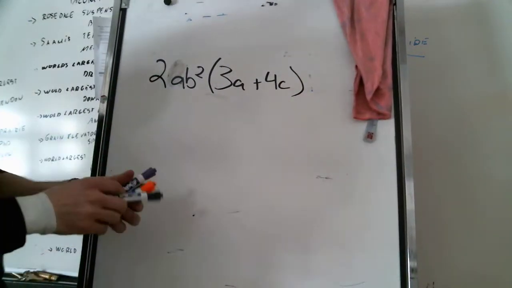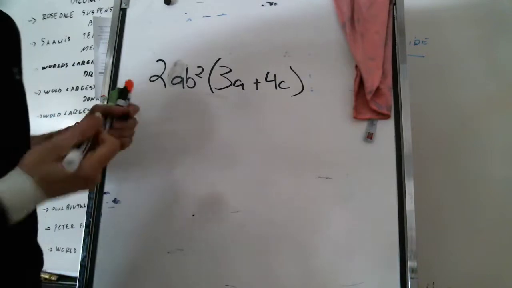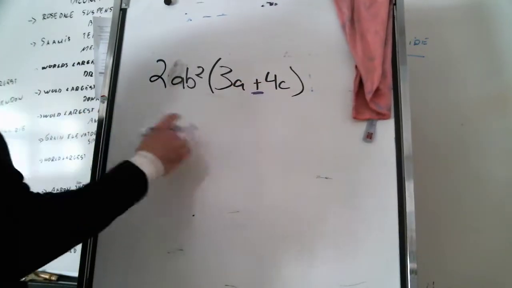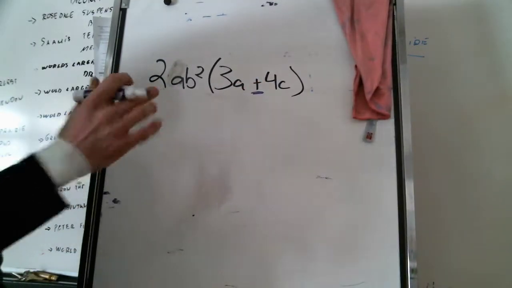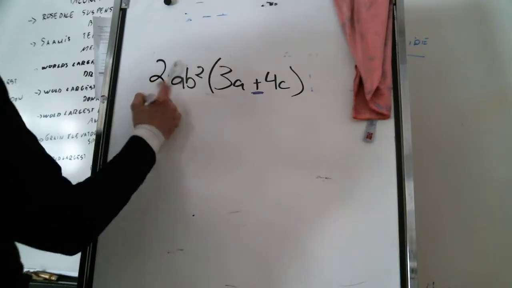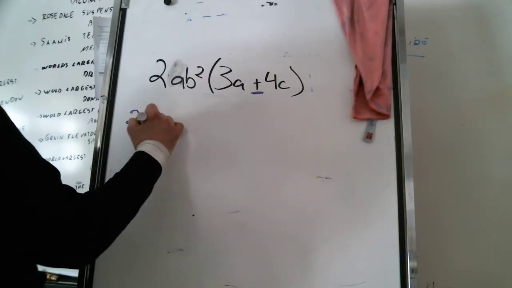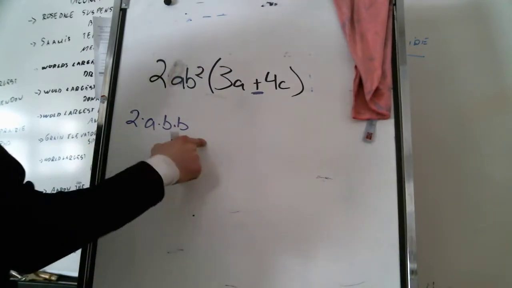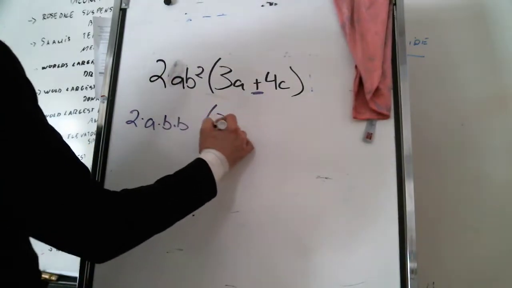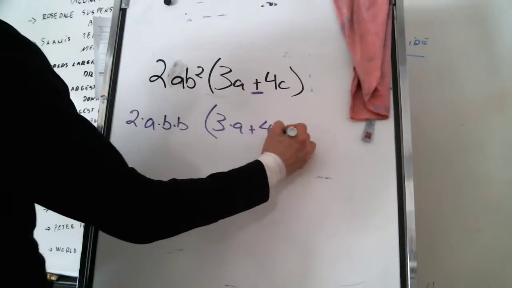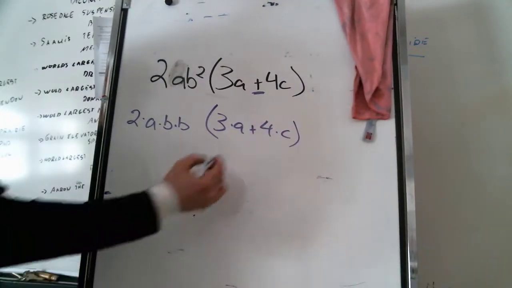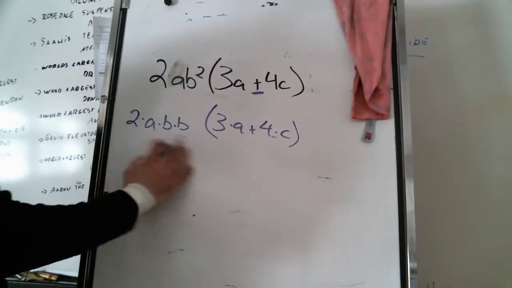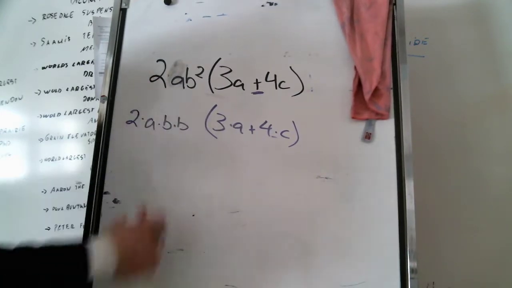Now, remember our commutative law. Now you'll see we have plus here because this is now polynomials, but the laws still apply. I could also write this as 2 times a times b times b. See that? This is going to be 3 times a plus 4 times c.